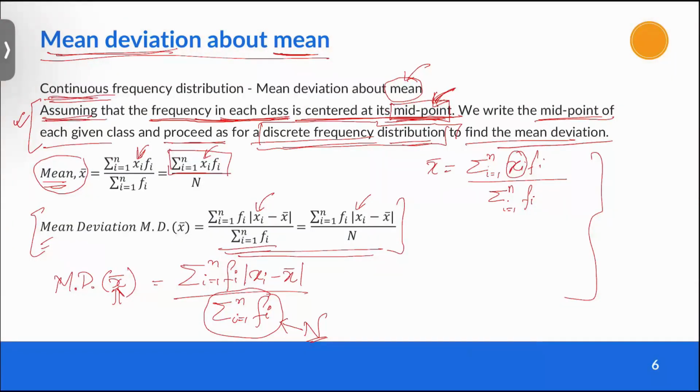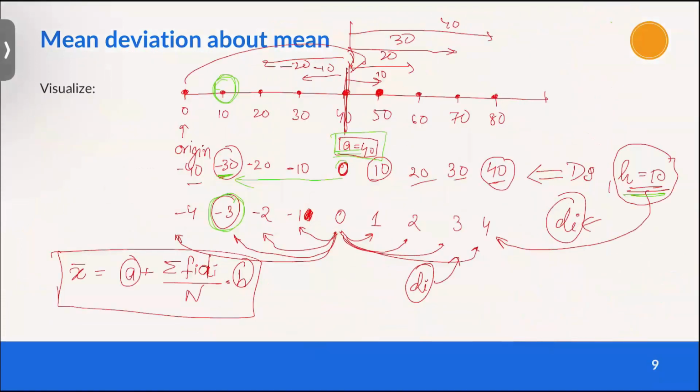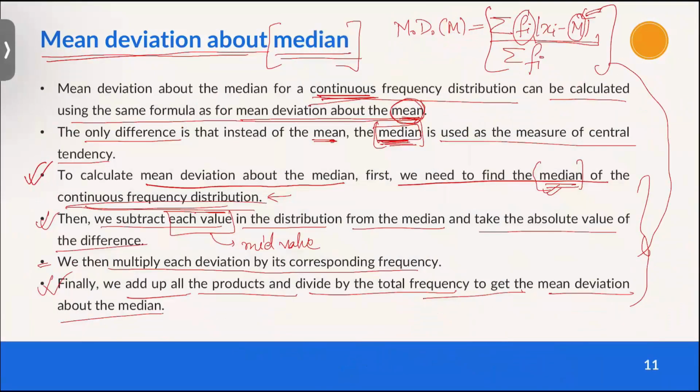We are assuming that the frequency in each class is centered about its midpoint. This is very important. We are assuming that the frequency of each class is centered about its midpoint. This is why we are calculating the midpoint, this mid value.